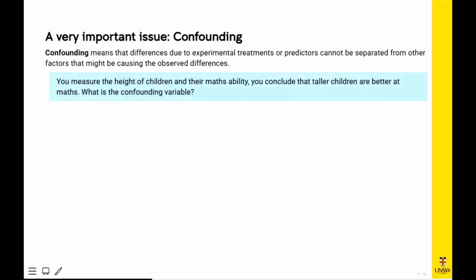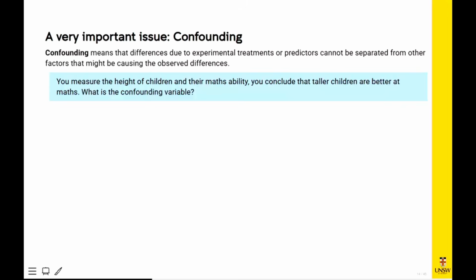And so, for example, you are a developmental researcher and you measure children's heights and their math abilities, and you find that children who are taller also tend to get higher math scores on some tests that you give them. And you're like, wow, this is really groundbreaking research. Somebody might have a question here or have some idea about something else that might be happening. And so what would that be?